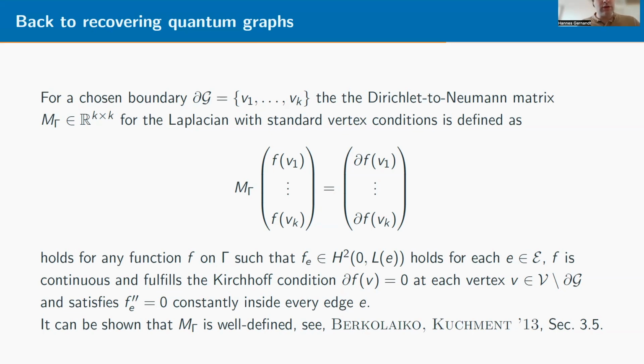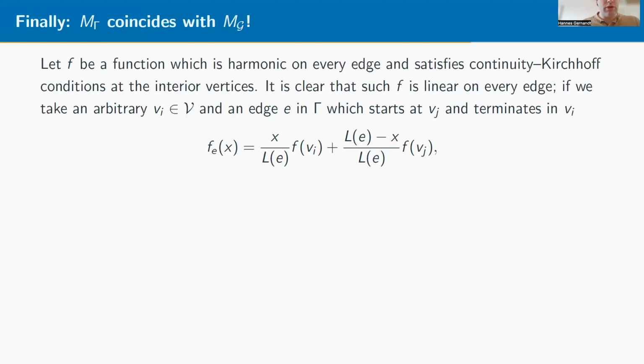And it can be shown that defining the Dirichlet-to-Neumann matrix like that works out quite well. And this is done in this book here. It's the Introduction to Quantum Graphs from 2013. That's quite a good reference for quantum graphs.